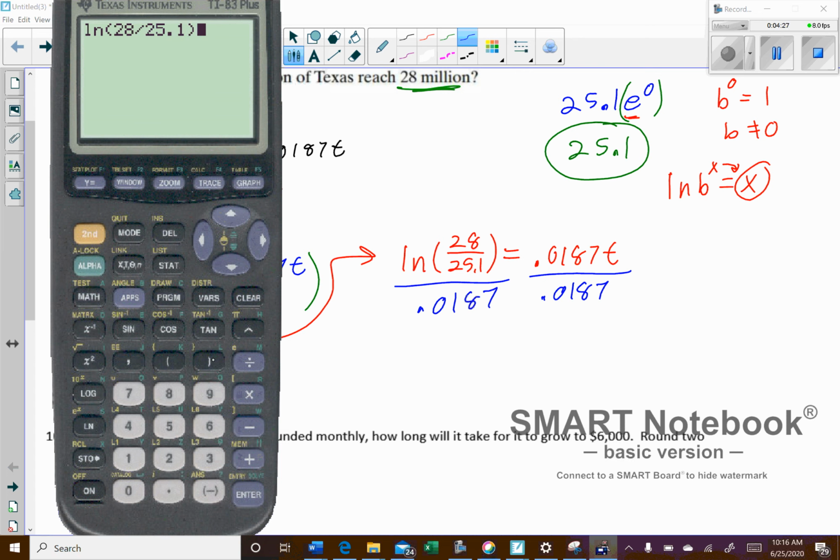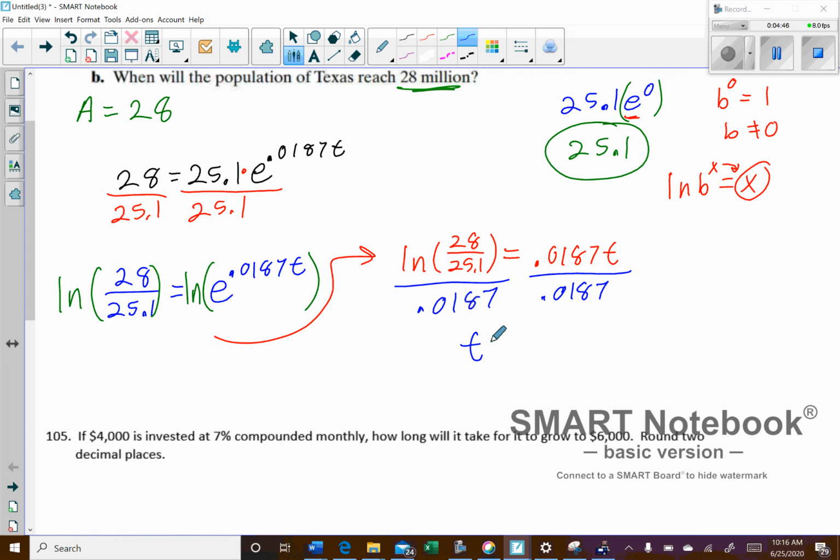Make sure we close that. And then we're going to divide that by 0.0187. And let's see what we get. So we get t equals 5 point, rounding that to 5.85.